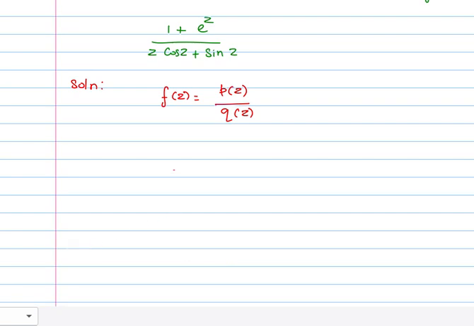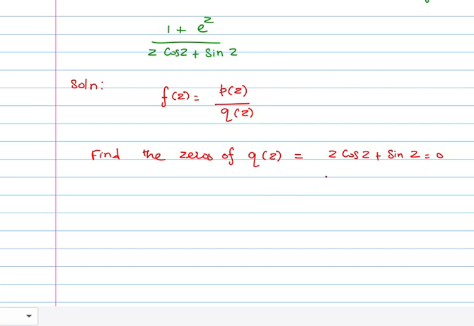Now what is q? Find the zeros of q of z, which is z times cos z plus sin z equal to 0.